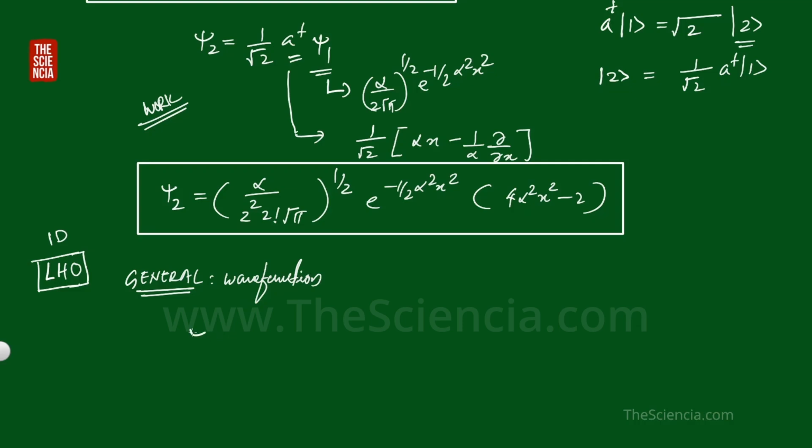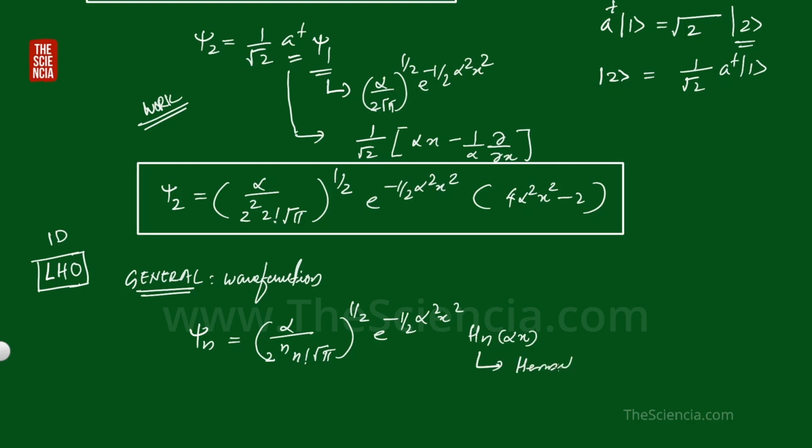That is psi n is equal to (alpha by 2 raised to n factorial root pi)^(1/2) e raised to minus half alpha square x square Hn of alpha x, where Hn, I already told you, is the Hermite polynomial.